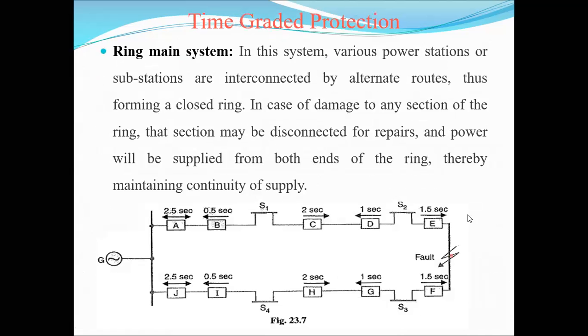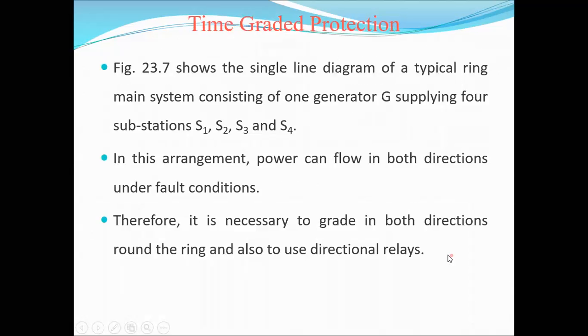When the fault is obtained at that point, the relay coils E and F will operate instantaneously. After that the supply will be continuous from G through S1 and S2, and from G through S4 and S3. We only disconnect the feeder line between E and F, because the fault is at this point only.